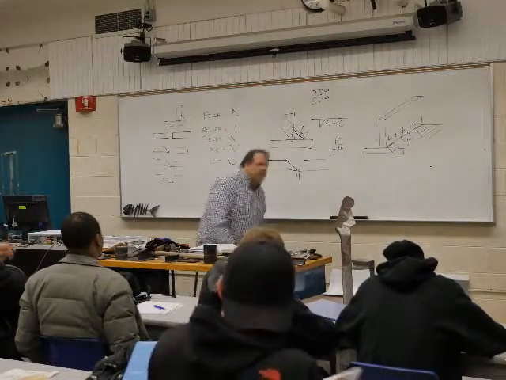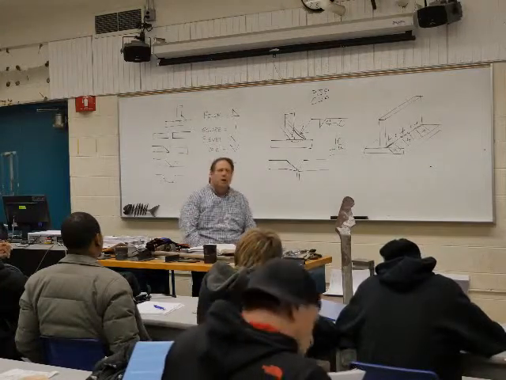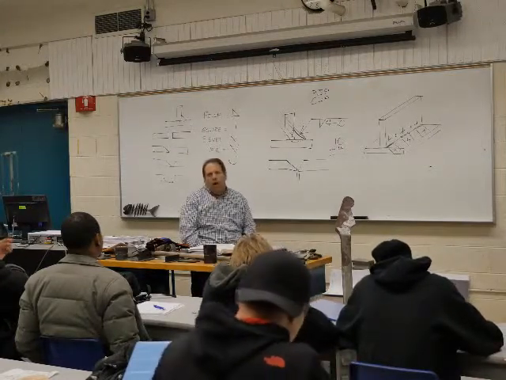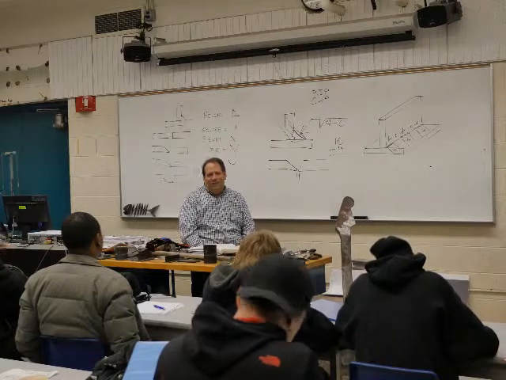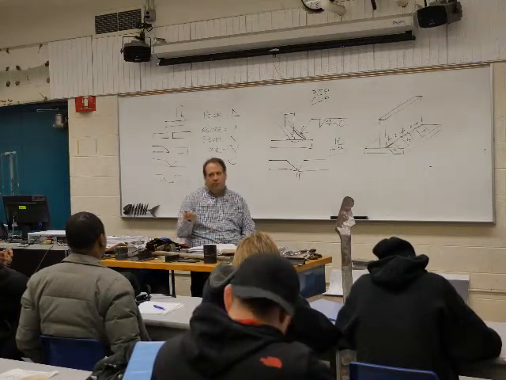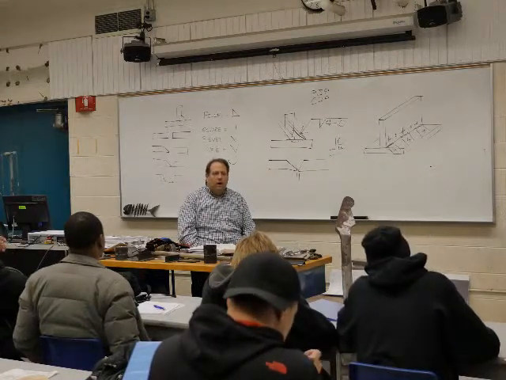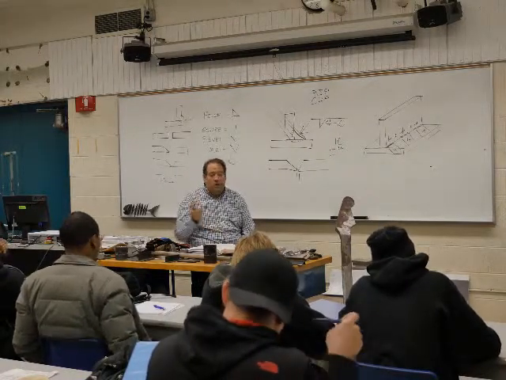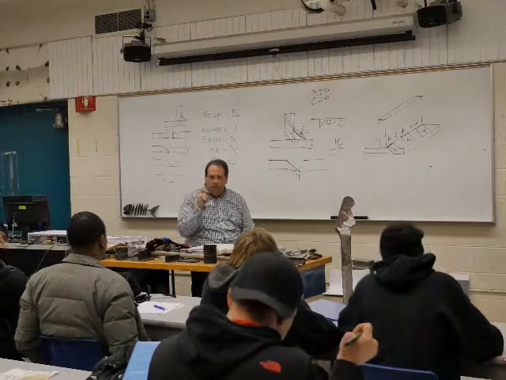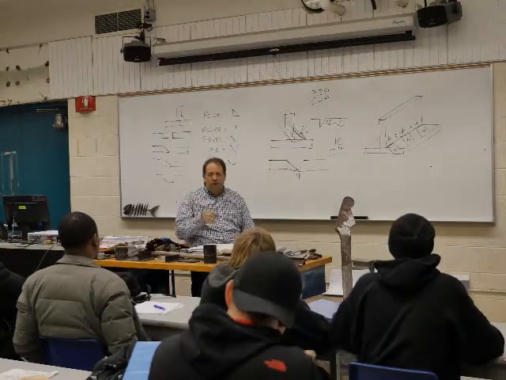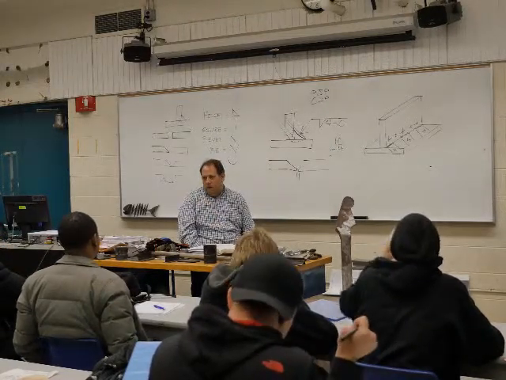So they could give you the size of the root opening, but guess what? What if they're wrong? What if they tell you that they want you to use this rod, but they put the wrong number on there? It's just going to screw up that weld. So really, again, I would prefer you to go back to the rule of thumb of using the end of your rod to verify what the root opening actually is.